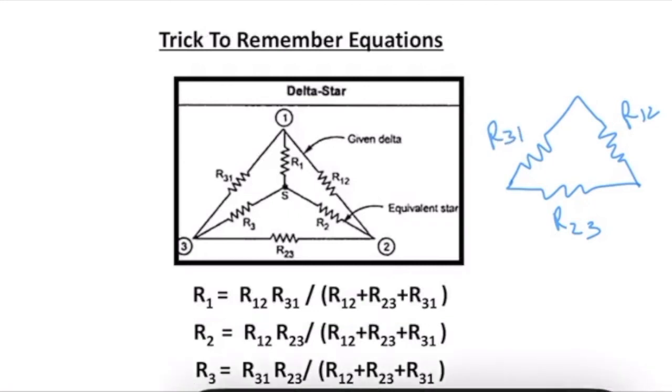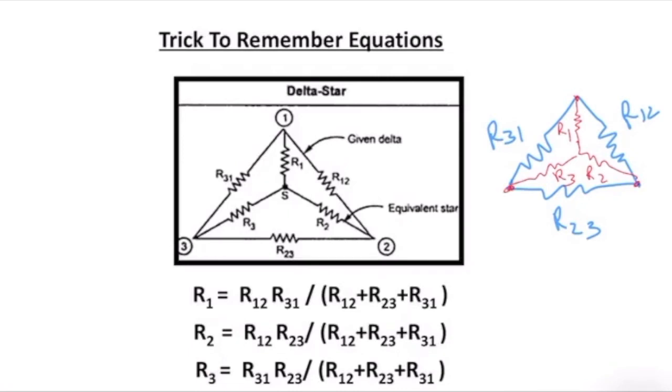Now you want the elements of a star. You'll just draw a star inside your delta like this. Let's consider R1 is here, R2 is here and R3 is here, and these are your different points.